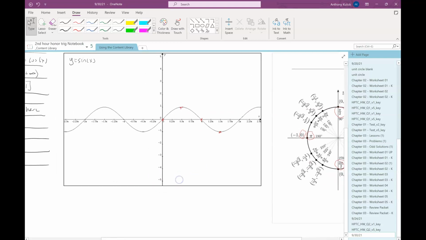If I look at this graph, I notice that the symmetry for this graph is odd symmetry, where those two quadrants look identical. You see that? That was odd symmetry.